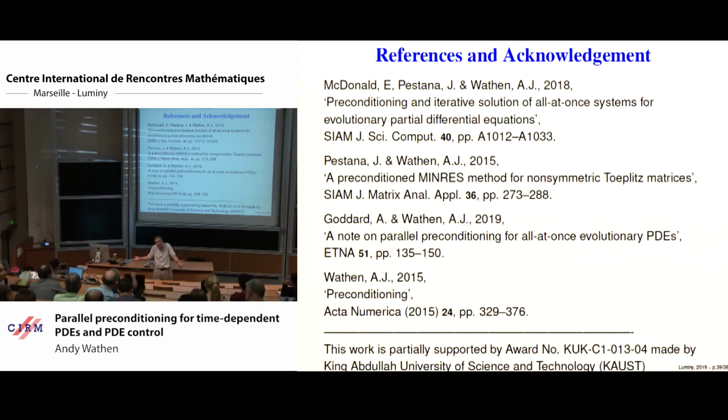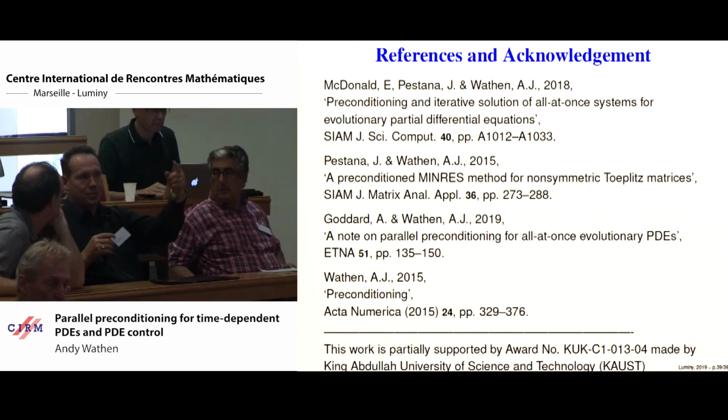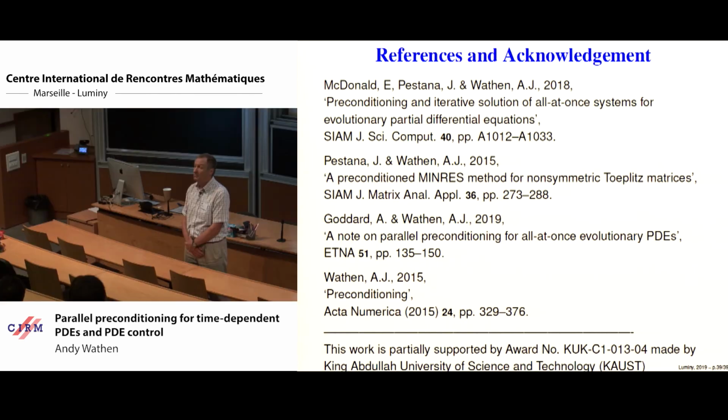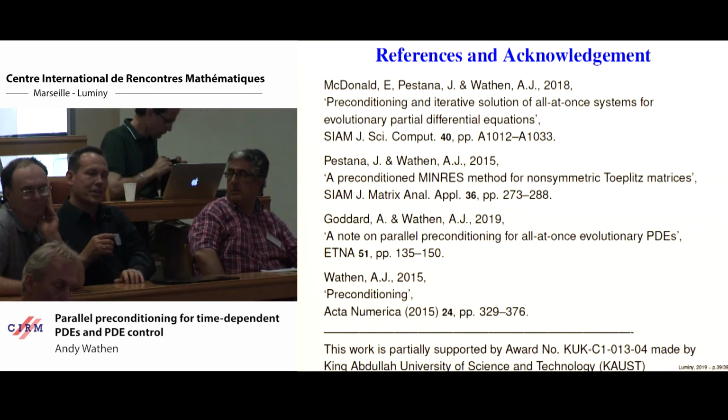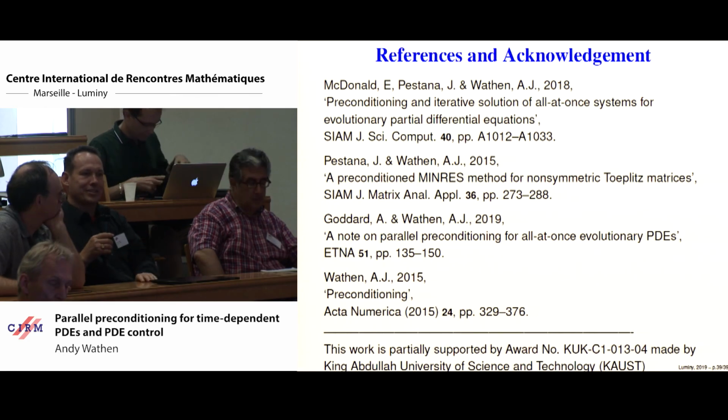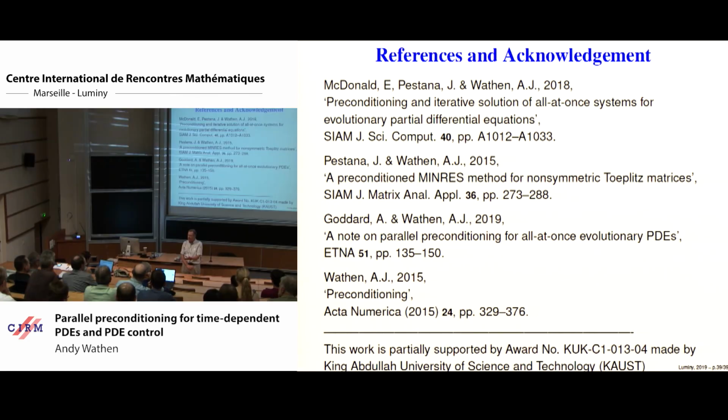No, all these things are valuable, and there is another comment. We also have a variant of this method for the nonlinear problem. And in that case, it's not the Toeplitz matrix anymore. You lose this structure because it's nonlinear, and then we approximate by a Toeplitz matrix, and we also have an estimate in that sense. So this is the Jacobian? This is the Jacobian that's then going into the matrix.